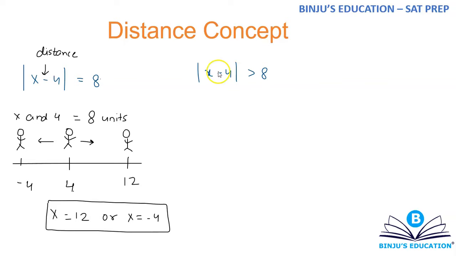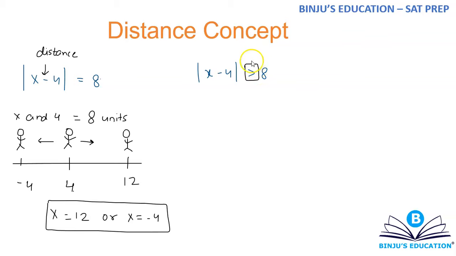So when I say mod of x minus 4 is greater than 8 units, that again means the distance between x and 4 is greater than 8 units. I'm not very comfortable with this inequality, because usually people are not at first.